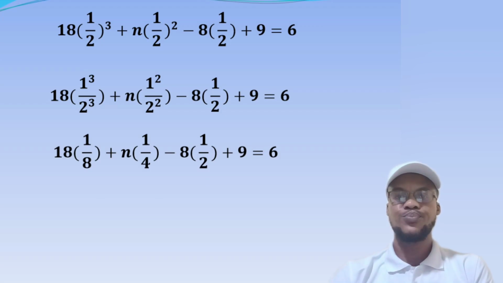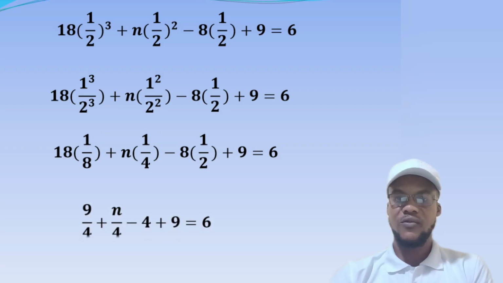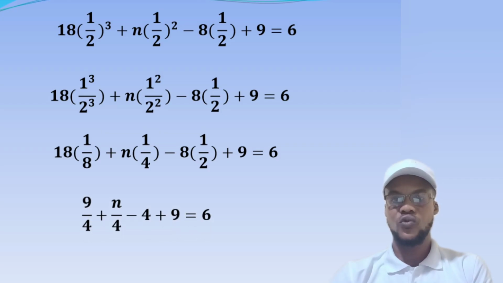So what is 1 cube? 1 cube is still 1. 2 cube is 8. And 1 squared is 1, 2 squared is 4. Once you are done, you further simplify. 18 multiplying 1/8 gives you 9 on 4.